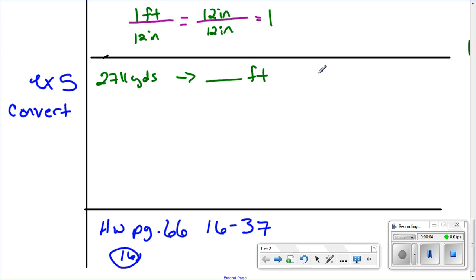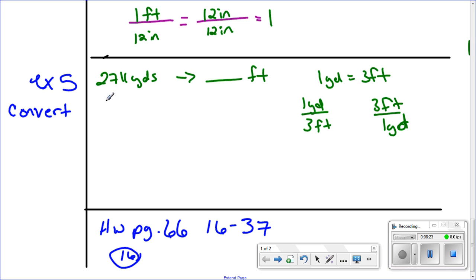So the statement, we have 1 yard equals 3 feet. Well, there's 2 different ways of looking at this. We can look at it as 1 yard over 3 feet, or we can look at it as 3 feet over 1 yard. It's just a matter of which one we need for this problem.